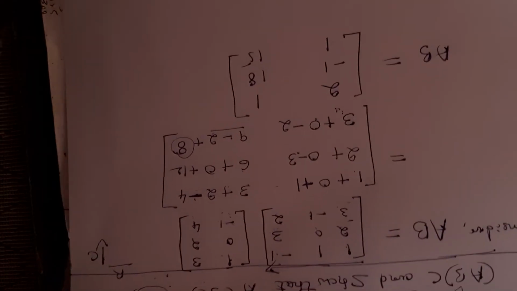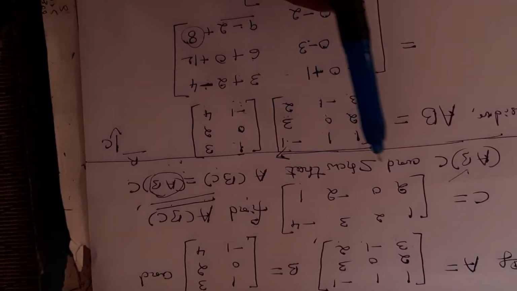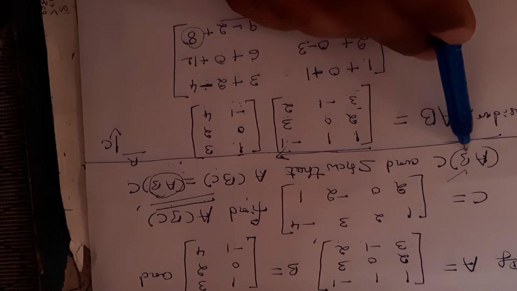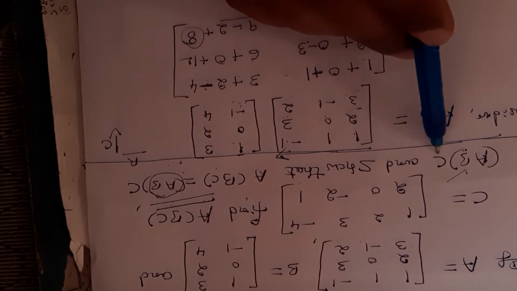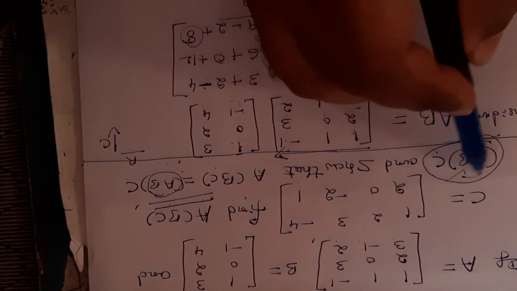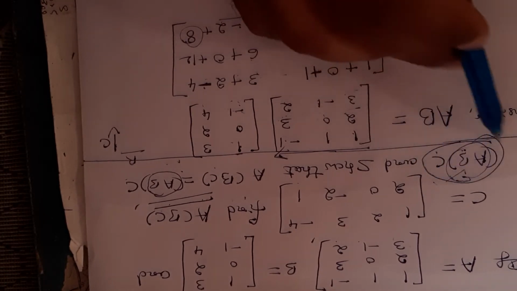Observe the problem here. We have to find A into BC and AB into C. Now I have found out AB. Next, I have to consider another product, AB into C. So let us consider that one here.